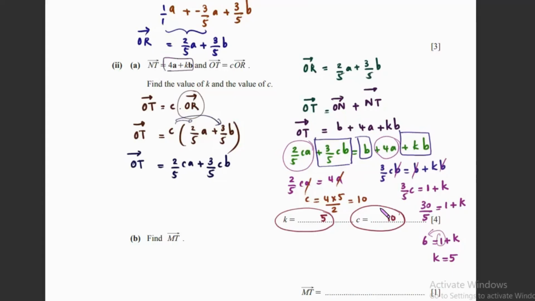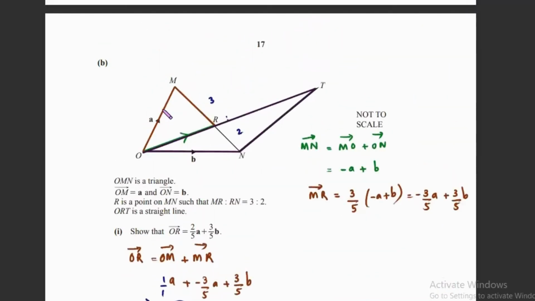Let's move on to the next question, which is to find M to T. This is where M is, and this is where T is.